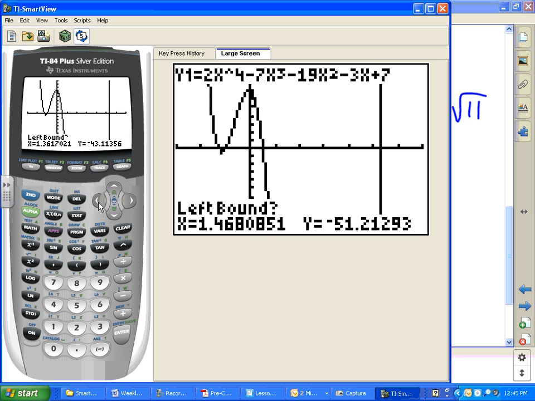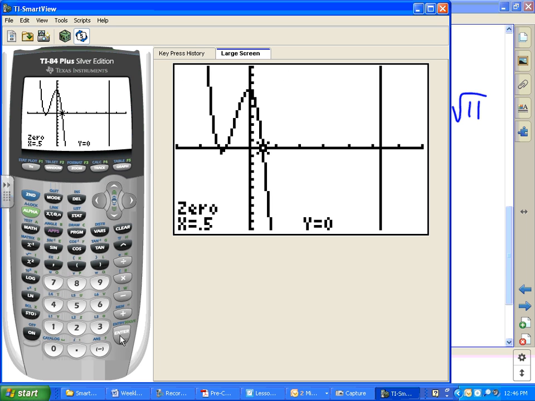Here we go. Whoa, where'd it go? Oh, there it is. So if I wanted to find this one here, I could be left of the 0, hit enter, go to the right of the 0, hit enter, and then it tells me it's at 0.5. The intersection point is easier for you than that, so you can do it either way.